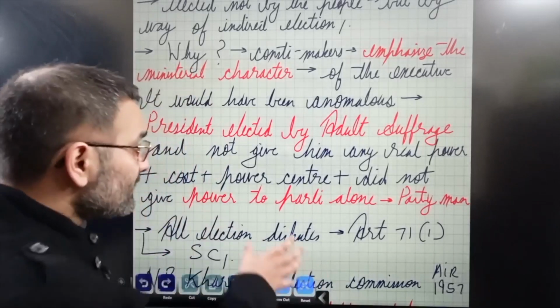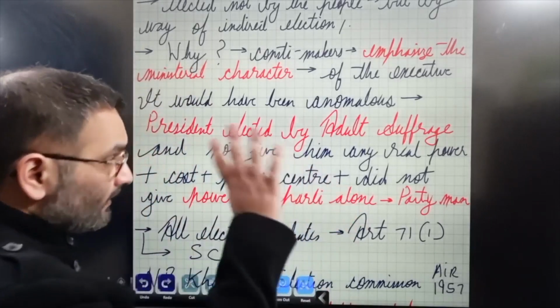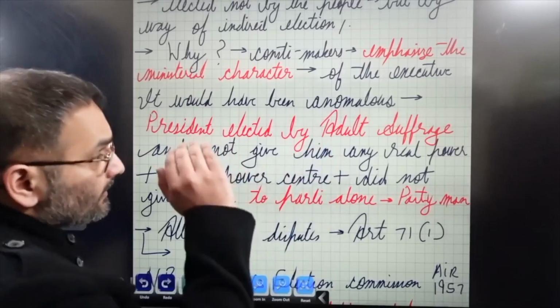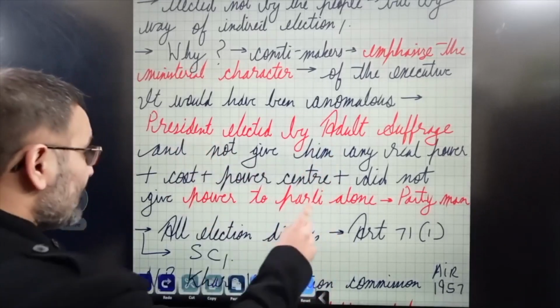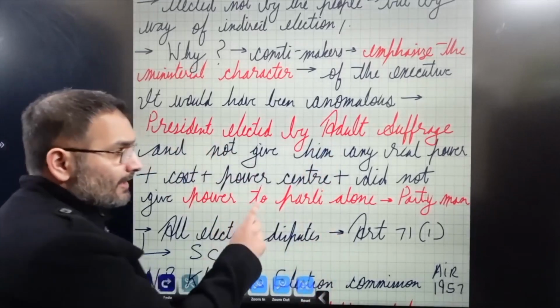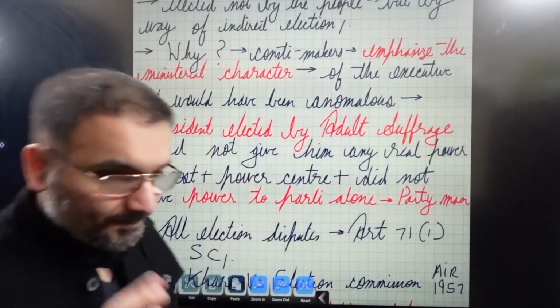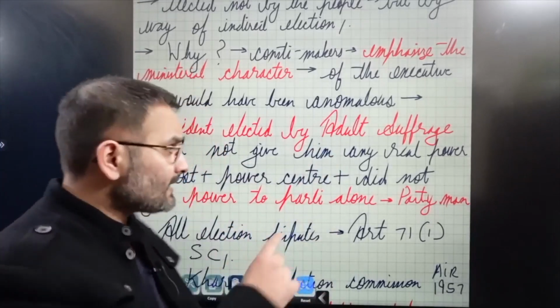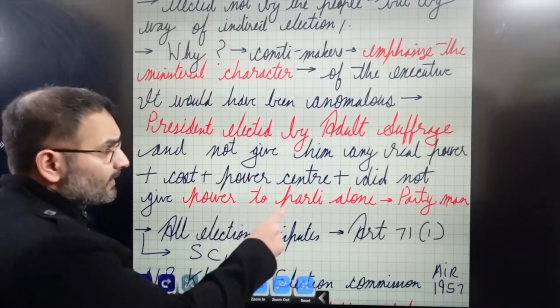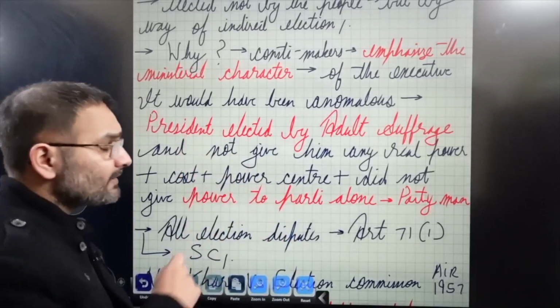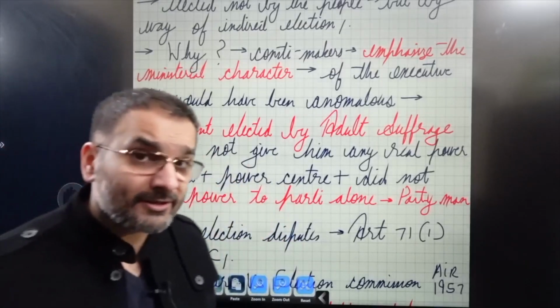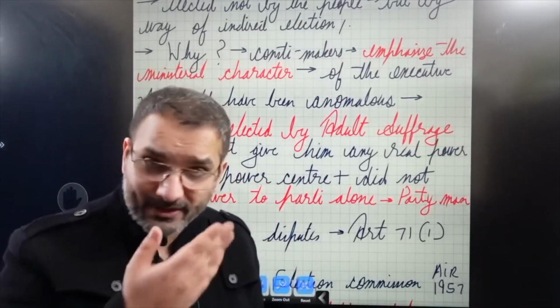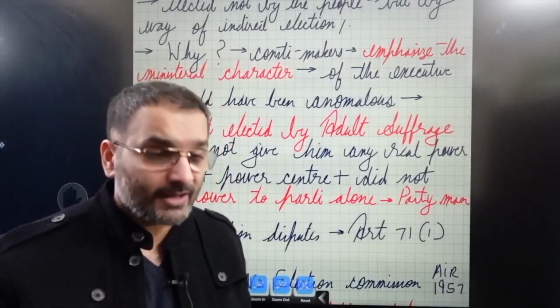So to avoid such a power center situation, the constitution makers didn't give him a direct election, and they did not give parliament the power alone. See, in this last pointer that you're going to mention, the constitution makers have not given the power to parliament alone. The state legislature is also involved in the electoral college that elects the president.